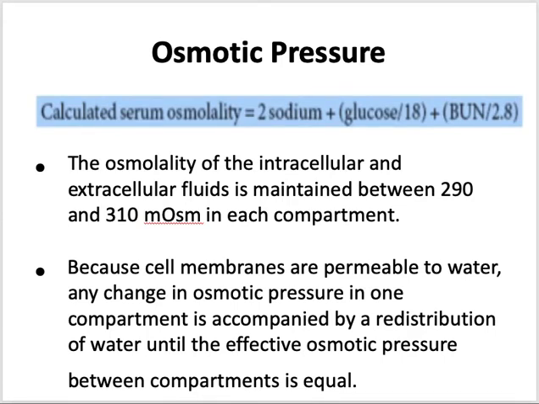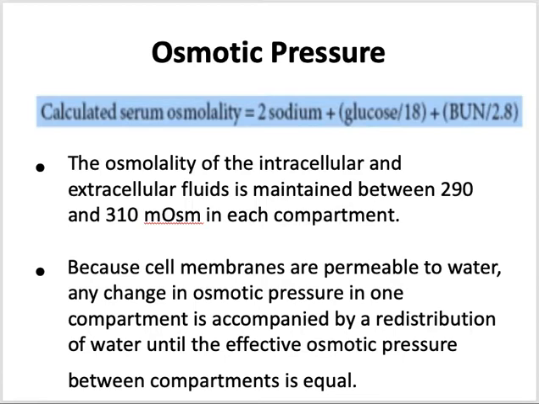Then comes the osmotic pressure. Osmotic pressure is basically, all the electrolytes in any compartment or in any solution are the number of particles per unit of volume. That's why it is called millimole per liter.